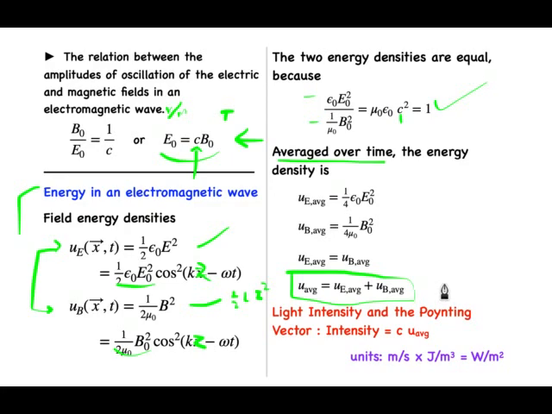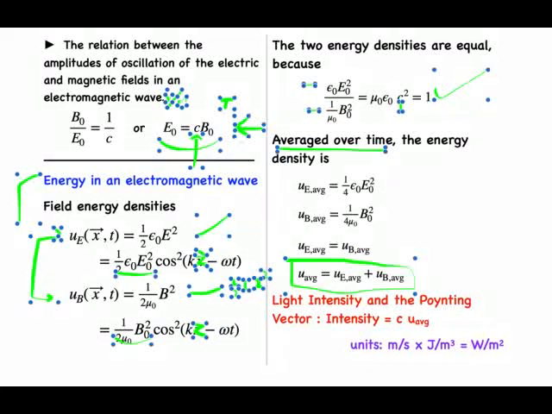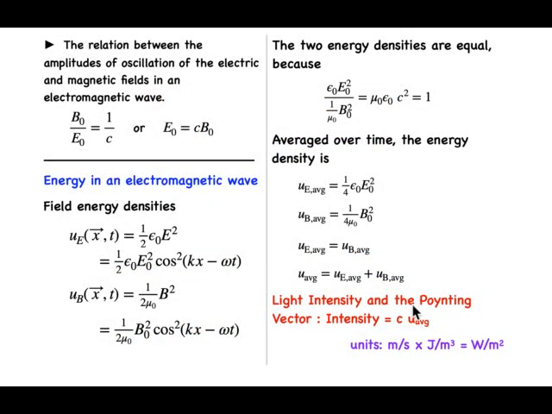Now those are energy densities. The power in light is usually expressed in terms of light intensity. So here's a subject. I don't really have time for it in the screencast, but you'll need it for the homework. Light intensity. What's the power in a light wave or any kind of electromagnetic wave?